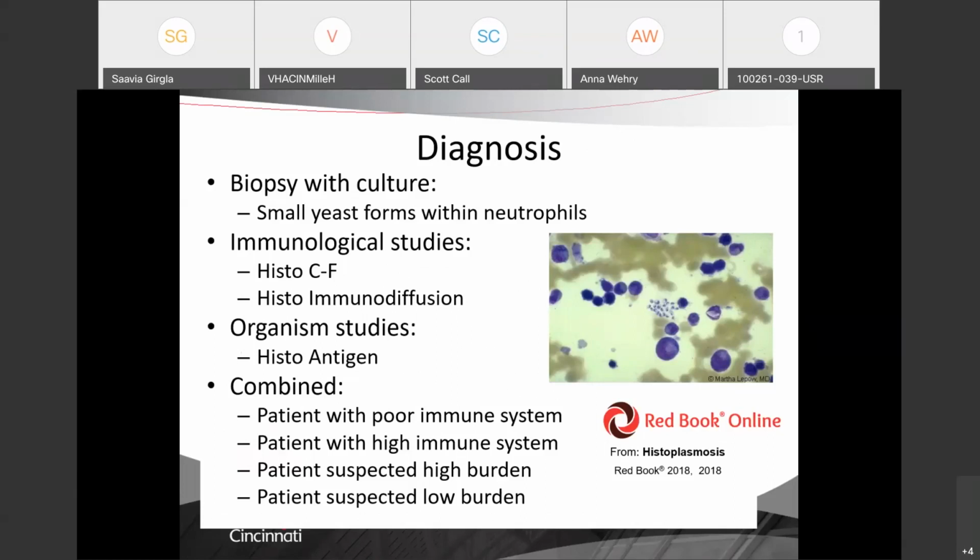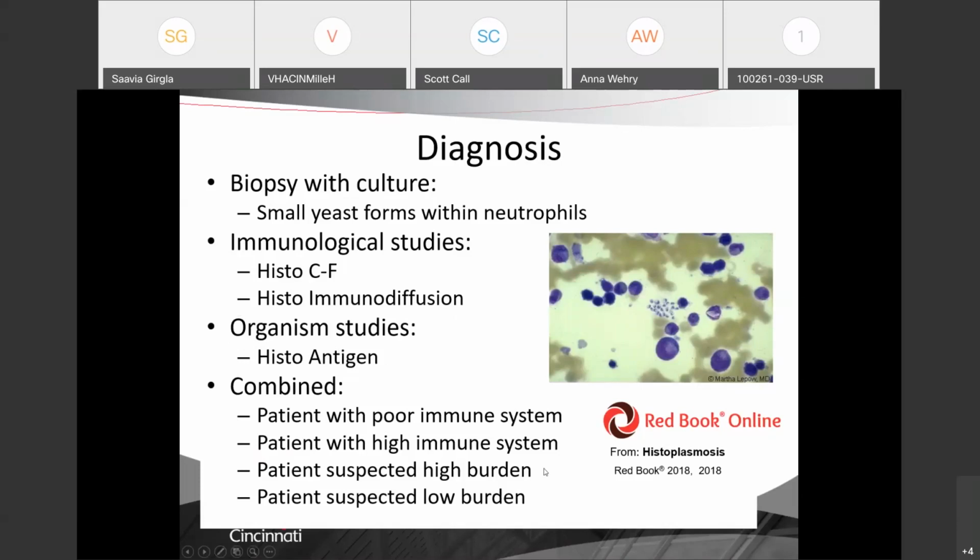The way I think about this is that if a person has a poor immune system, before they're going to be symptomatically diseased, they're going to have a lot of fungal burden. And so the organism's histoantigen is more likely to be positive, so looking at a histoantigen is reasonable in that patient.